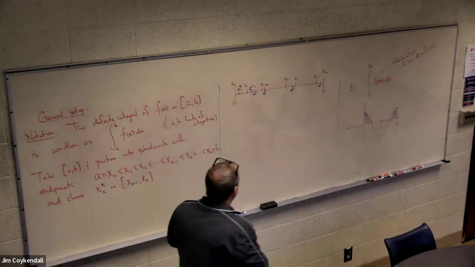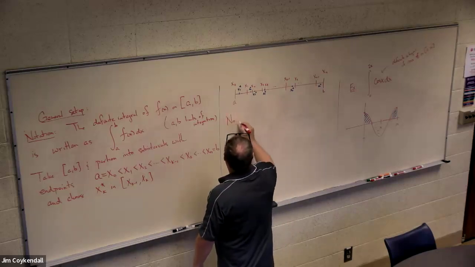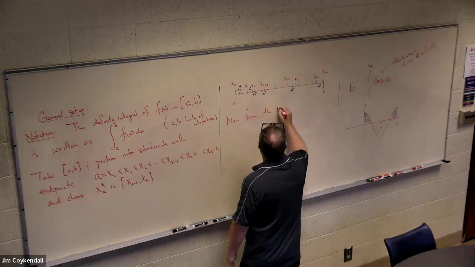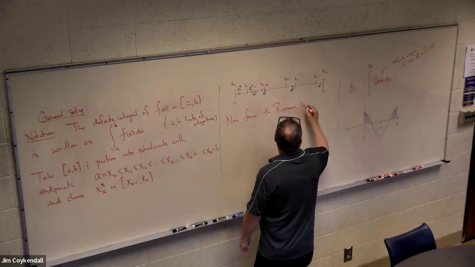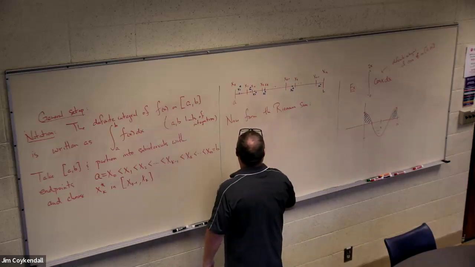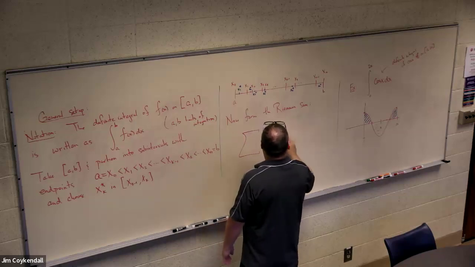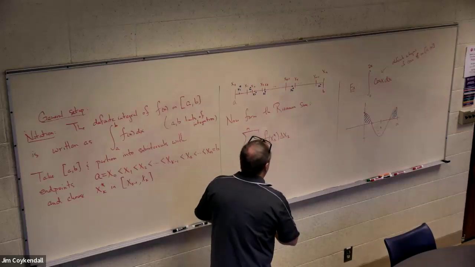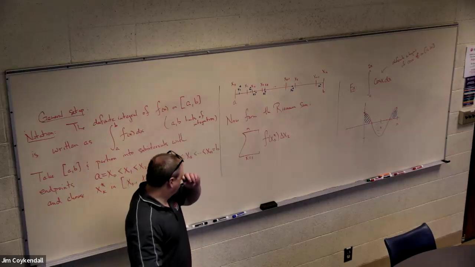Just as before, now form the Riemann sum, and this is an approximation of our definite integral.